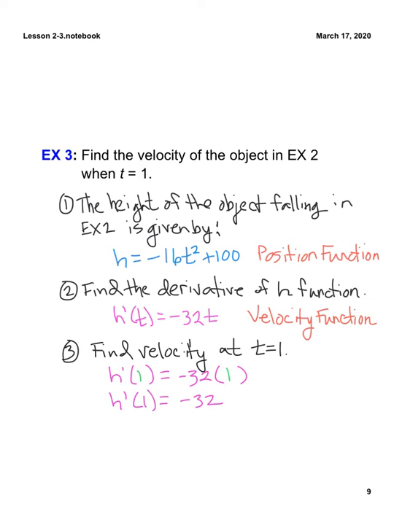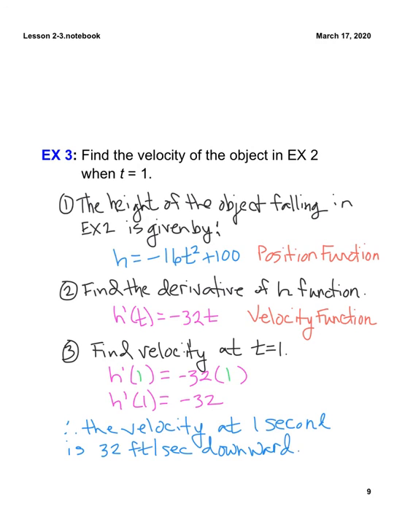And so what does that mean? Therefore, the velocity at 1 second is 32 feet per second downward.